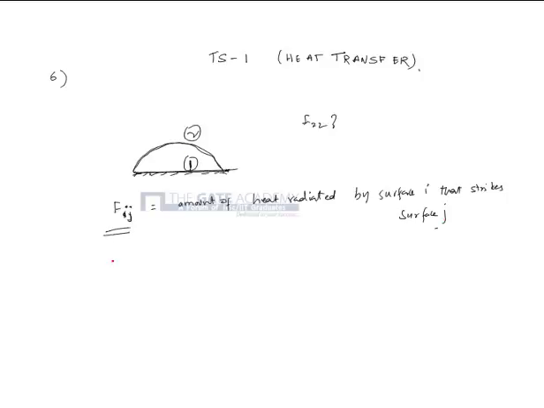Now there are two surfaces, so at the max I can have F11, F12. F13 is not there because you have only two bodies. Now F21 can be there and F22 can be there. So there are four shape factors.